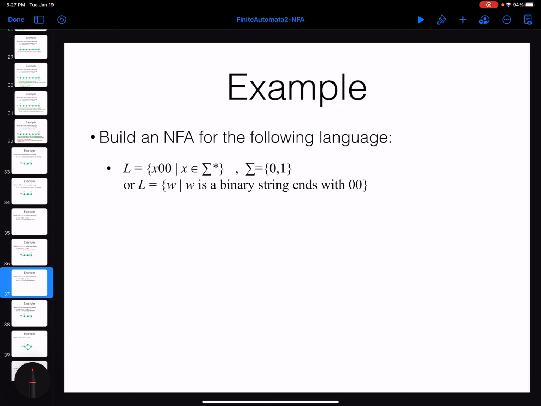Okay, let's see another example. All the binary strings that end with the pattern 00.